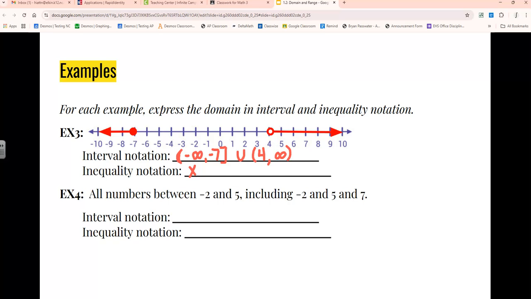If we're talking about this first section, these are the numbers less than or equal to -7, because they're all the numbers below -7, and we include -7 because it's a bracket there. So x is less than or equal to -7, union, and then right here, x is greater than 4.